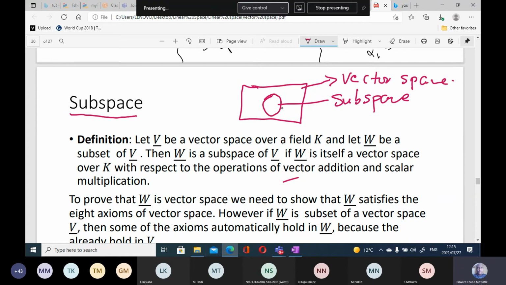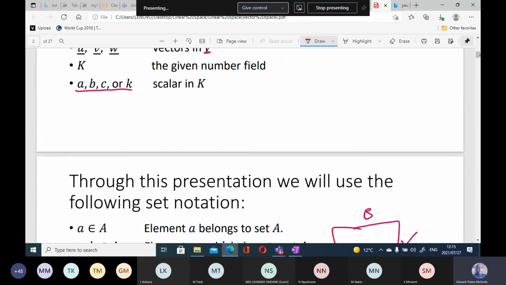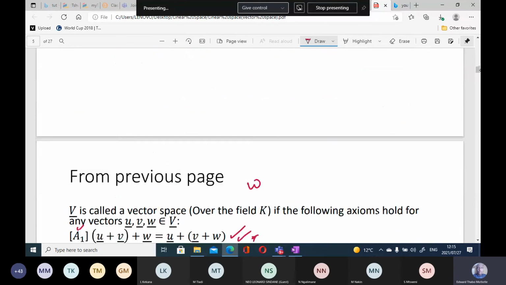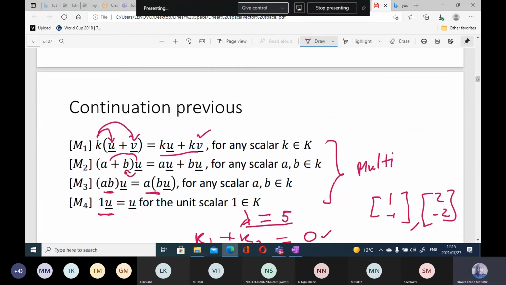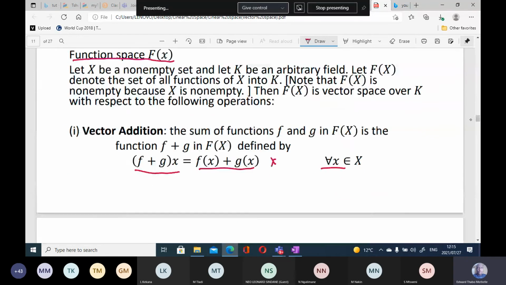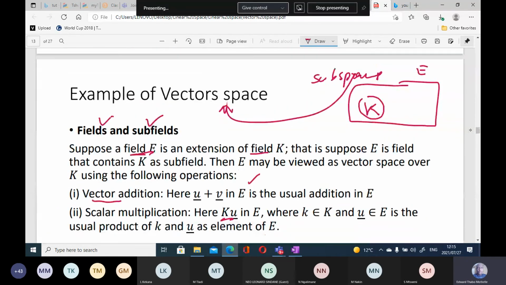So this is a small set, contained in a vector space. A subspace is contained in a vector space. So whatever we have discussed at the beginning, A1 up to A4, M1 up to M4, must hold. You must look at it this way.